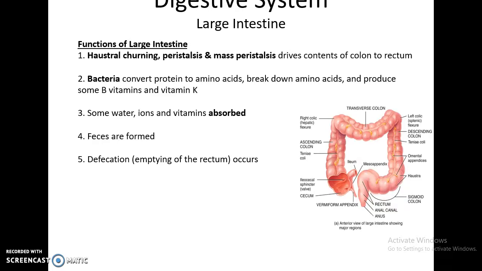They can do things like convert some amino acids into other kinds of amino acids, break down amino acids, and produce some important vitamins, some of the B vitamins and vitamin K. They also get absorption of water, ions, electrolytes, some vitamins. The feces is formed, and then, of course, defecation, releasing the undigested material.